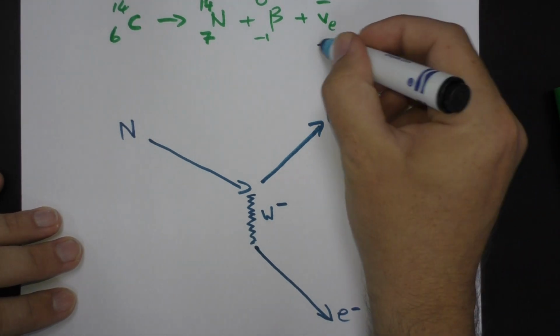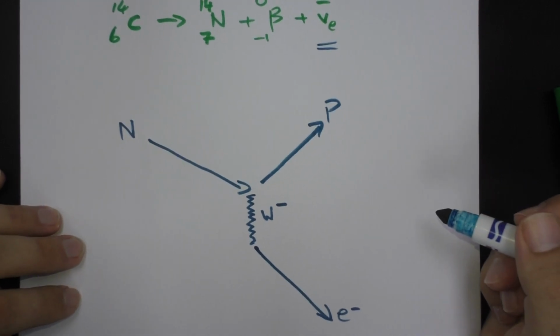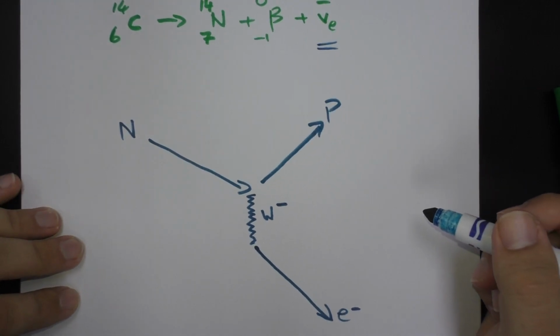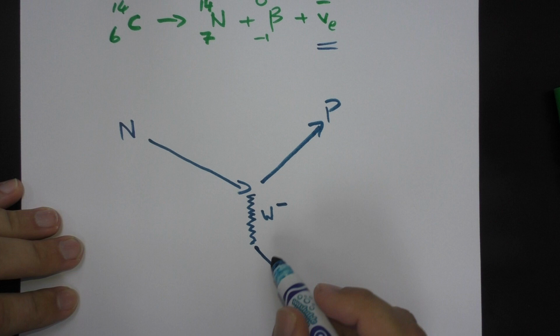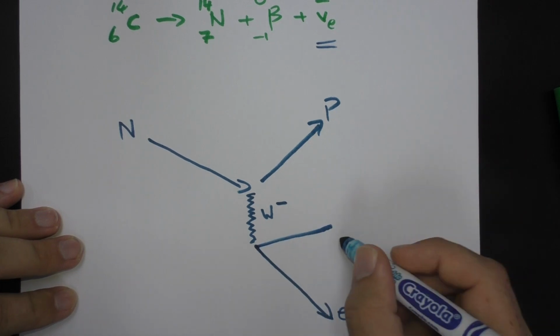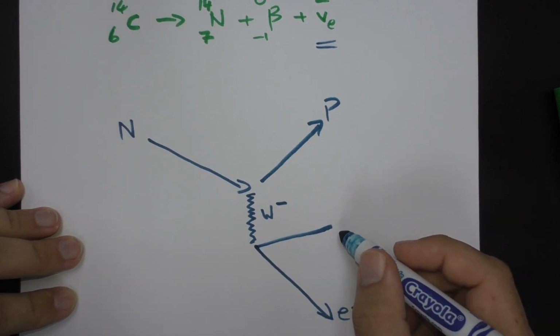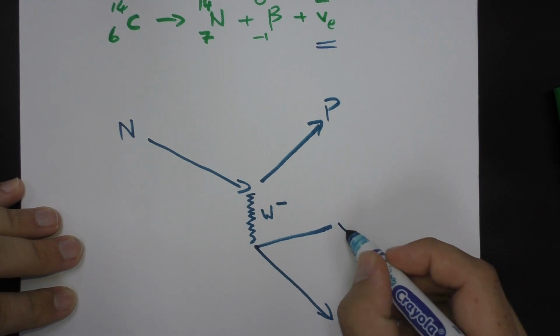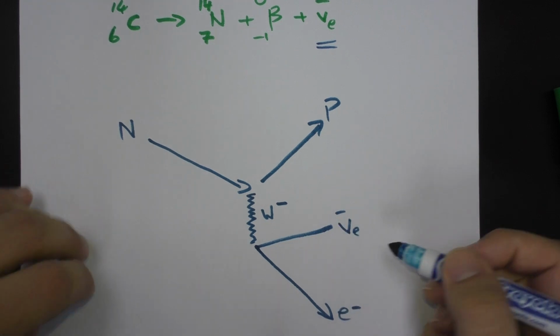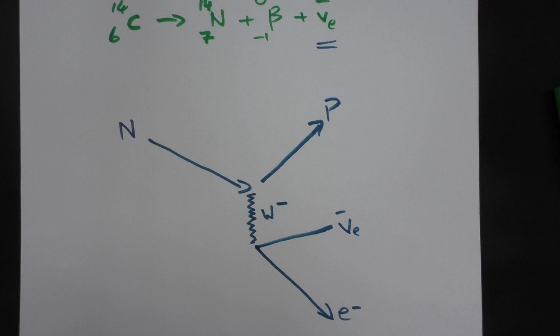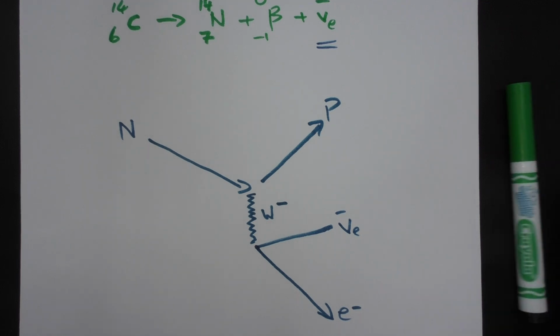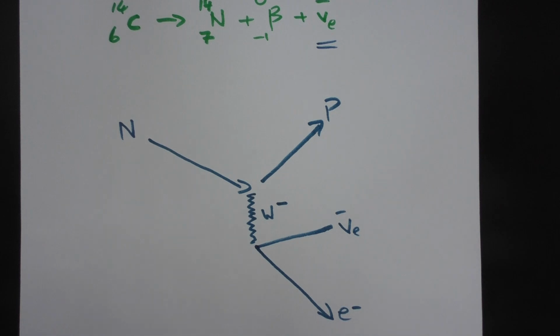But we've missed something here. We've missed our electron neutrino. And so we also need to have our electron neutrino coming off here. But unfortunately, electron neutrinos are a little bit of a strange thing to observe here. And you'll notice on purpose I've not put the arrow in yet, and I'm going to do it in a different color just to highlight the importance of this.